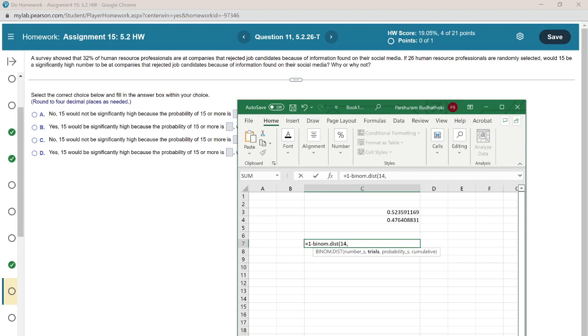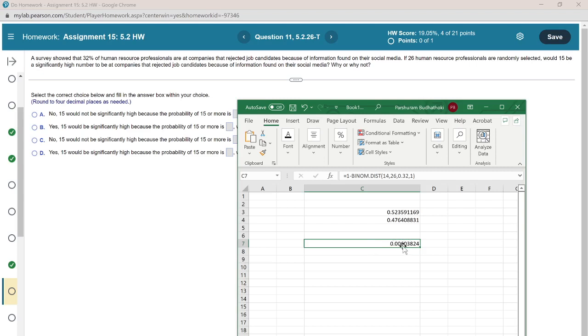That means we are trying to find the complement, which is 15 or more. So out of 26 we want 14 successes with the success rate 0.32, and we want to do it cumulative. That's why I choose 1 here, and then I subtracted that value from 1 to find the 15 or more.